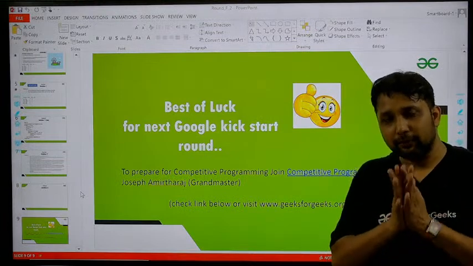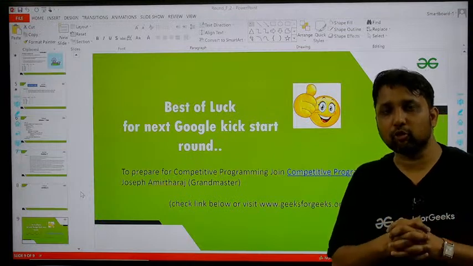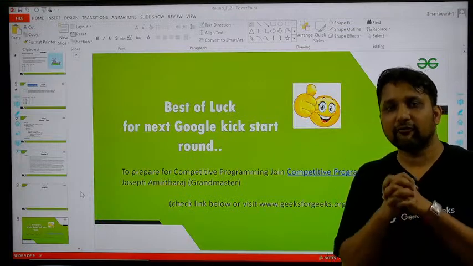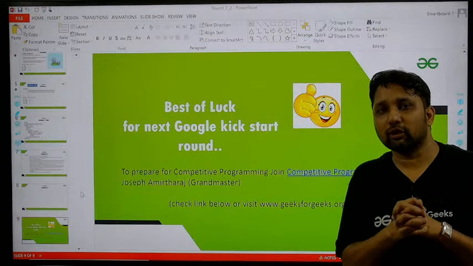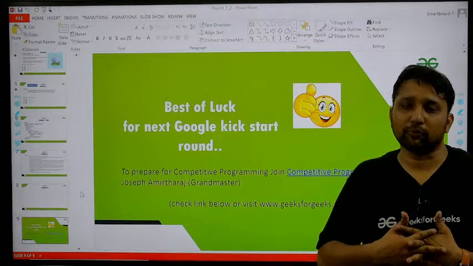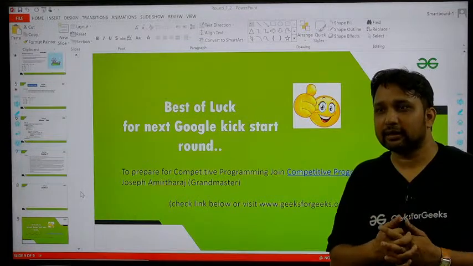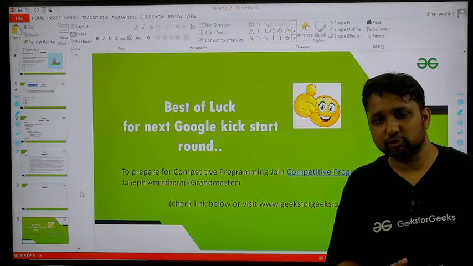Please prepare yourself with the basics of C++. You need to know C++ STL. If you are competing for Google Kickstart, you need to prepare, that is the base. You need to prepare for competitive programming. Data structure and algorithm basics should be clear.